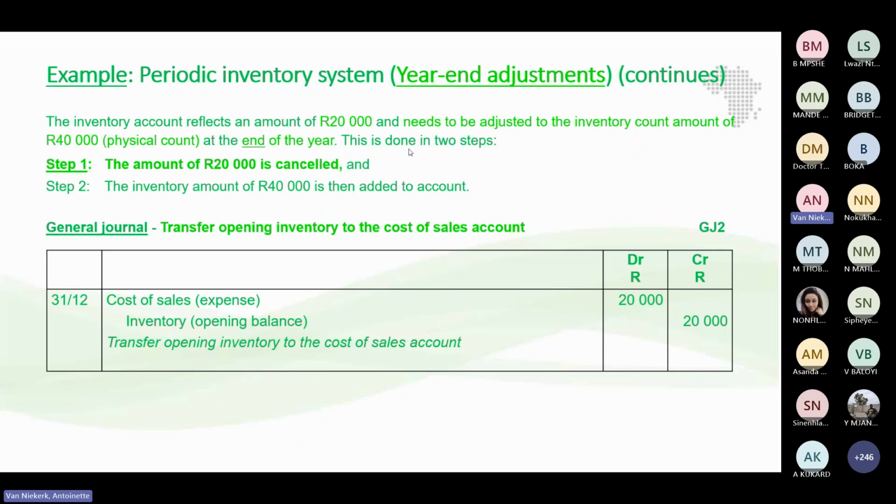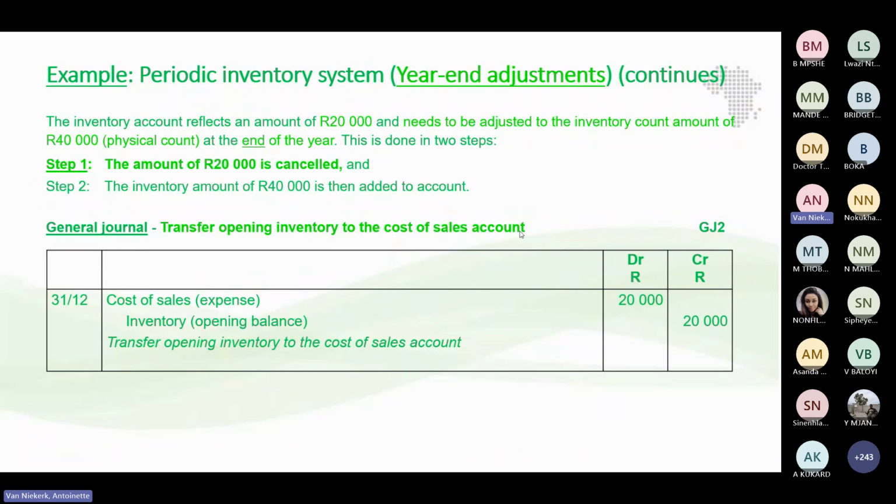This is done in 2 steps. Now, still, please remember we are doing the periodic inventory system and we are doing year-end adjustments. Step 1. The amount of 20,000 Rand, which is your opening inventory, must be cancelled. So transfer the opening inventory to the cost of sales account.